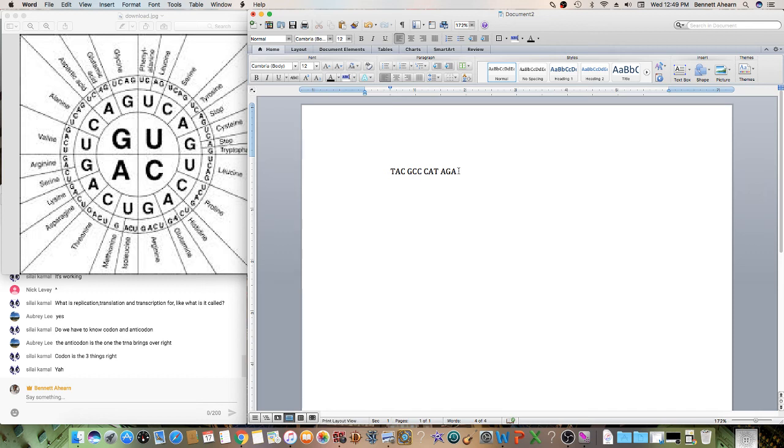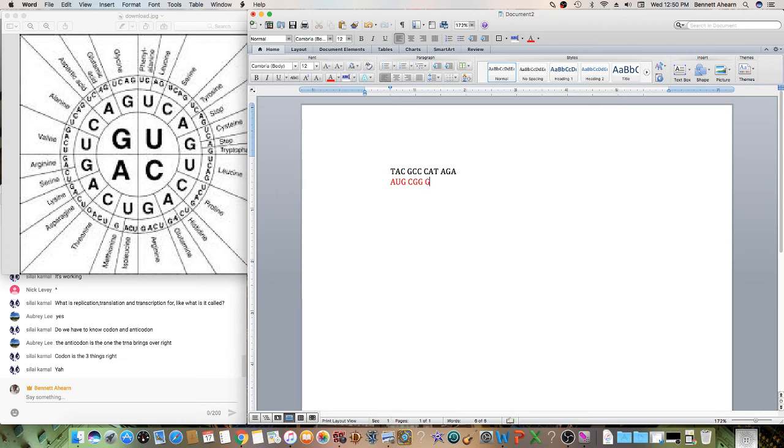Now, if we wanted to create an mRNA strand through transcription, here's our DNA strand. We want to transcribe this and turn it into a strand of mRNA. So let's make mRNA red. TAC, T sticks to A sticks to U, C sticks to G. That's our first codon. G sticks to C, C to G, C to G. Our second codon.